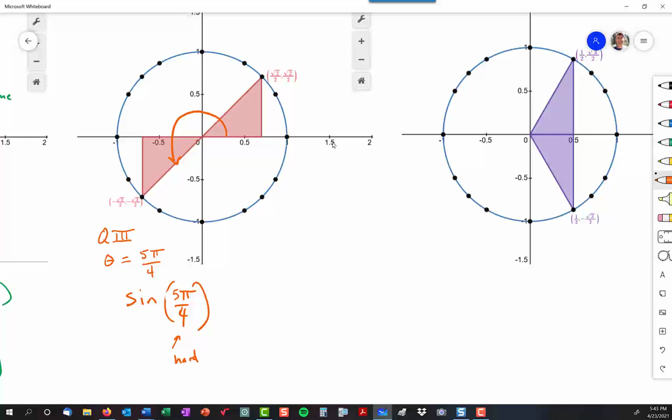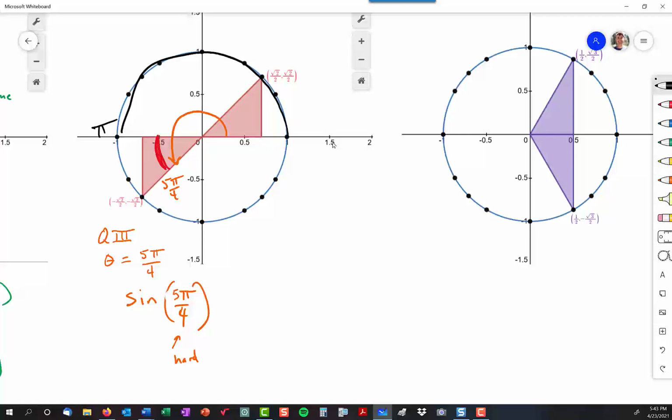Now, but what I want you to notice is the reference angle. The reference angle is right here. It's the red one. And so my angle, 5 pi fourths, stops right here. And if I had gone halfway, I'd be right here at pi.